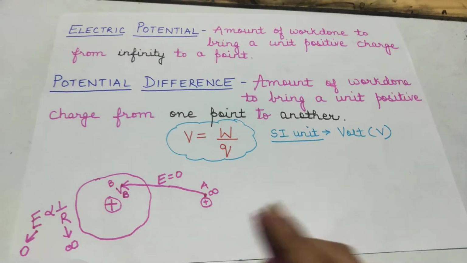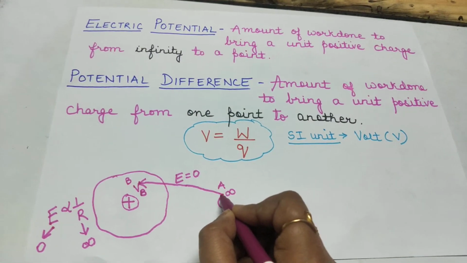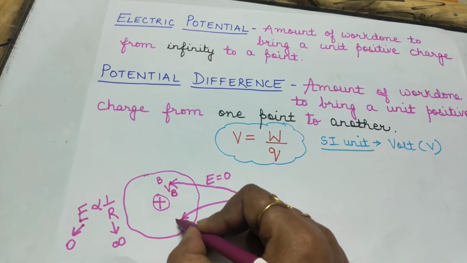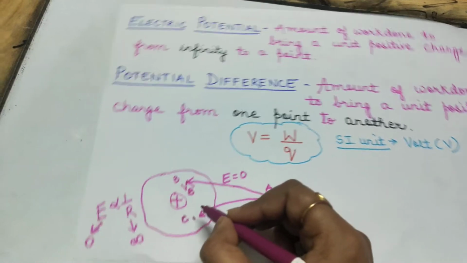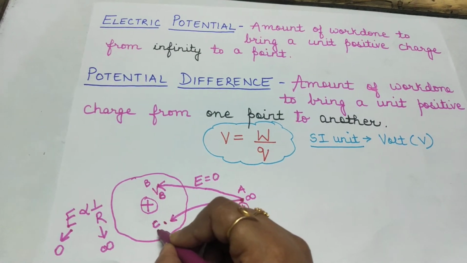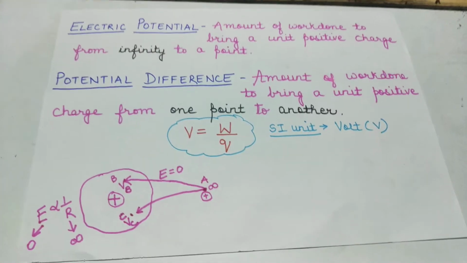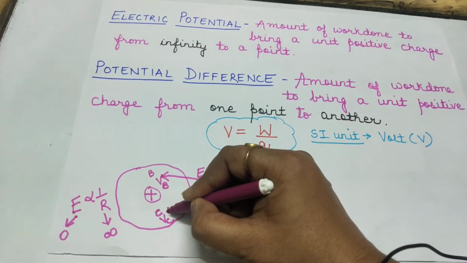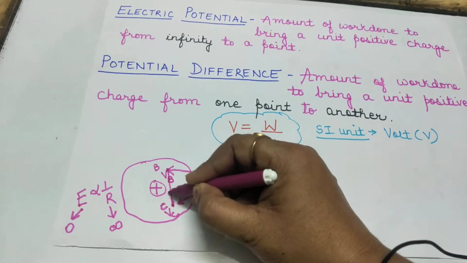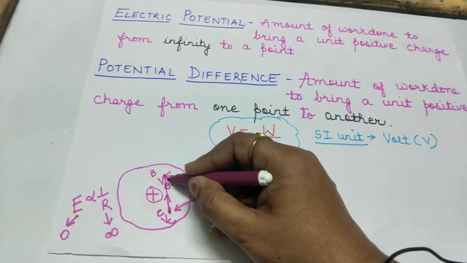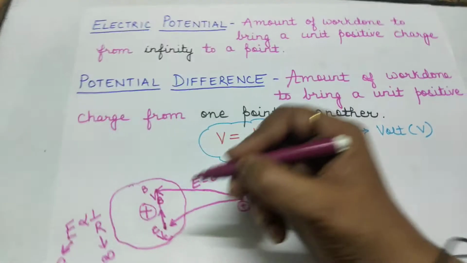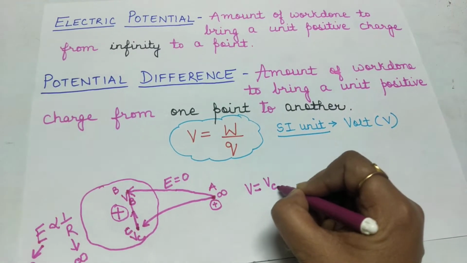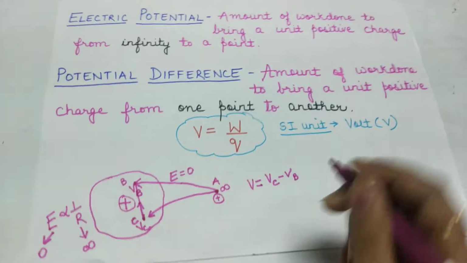Clear? Now, similarly, if I bring this unit positive charge from A to point C, which is again inside the electric field, some potential energy is again stored at point C, which is called the electric potential of point C. And if I bring a unit positive charge from C to B, then this is called potential difference, and the potential difference between C and B will be equal to Vc minus Vb.